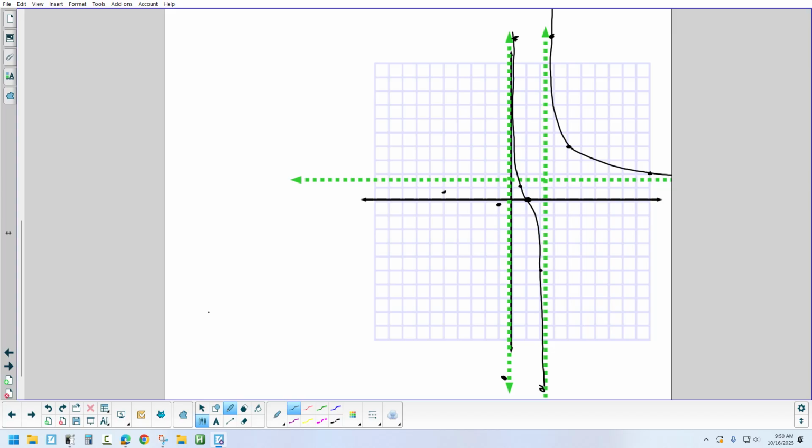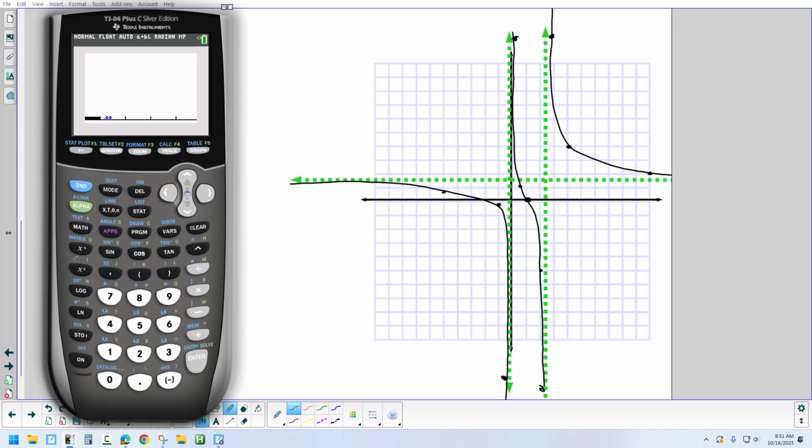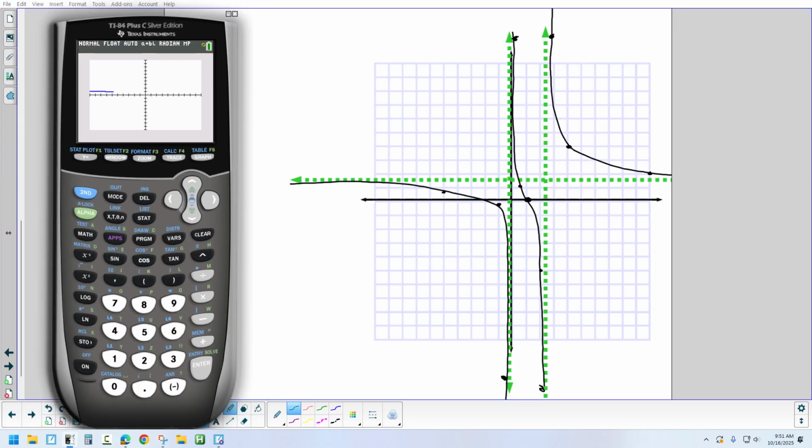It's going to start to curve and get extremely steep. In fact, it's so steep, I don't know if the calculator is really going to be able to draw that very well. It might just all of a sudden stop. Yeah, that's exactly what it did.